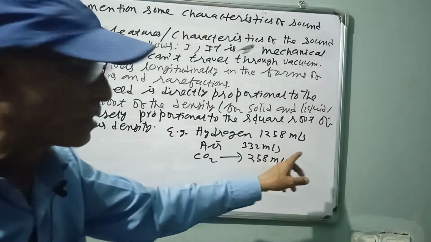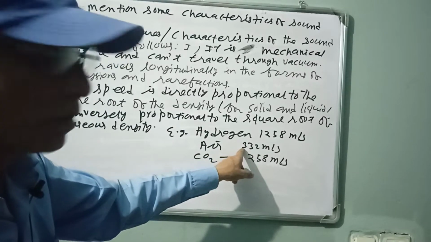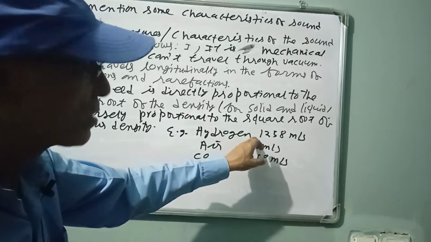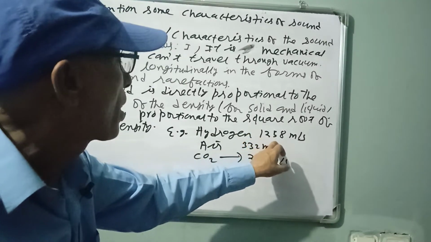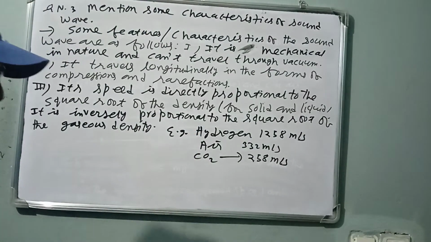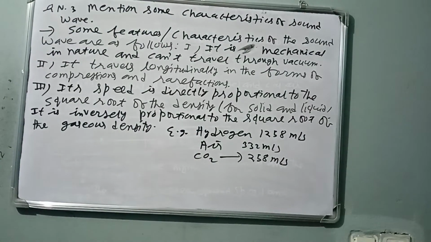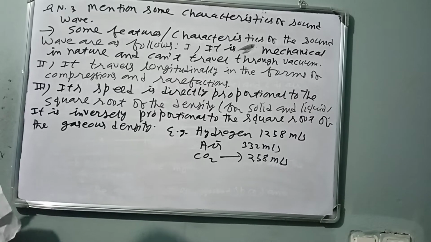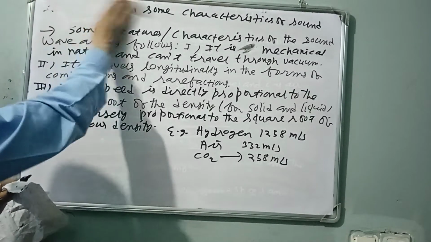Air has medium density, so the speed is also 332, in between. Hydrogen has lowest density, so the speed is highest, 1258. Differentiate among the three given. They are some of the characteristics of sound.